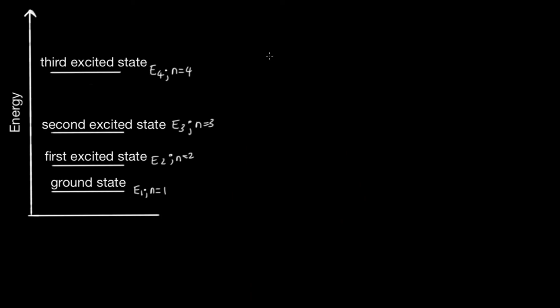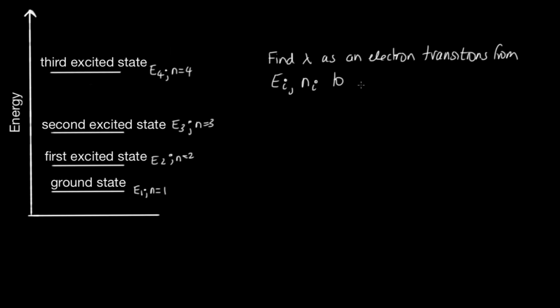So what we want to do is find lambda as an electron transitions from an initial state with energy E initial and a quantum number n initial, so this n is just an integer, to a state with energy E final and quantum number n final.